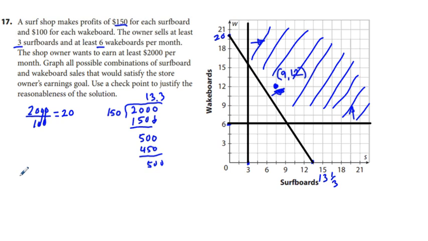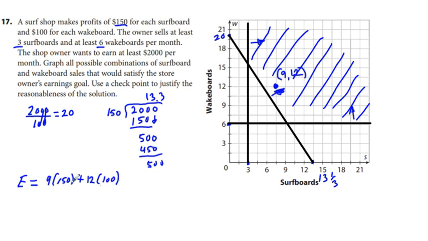So we'll say earnings is going to be equal to 9 times our surfboards, and surfboards are $150 earning, plus 12 times $100 for each wakeboard.